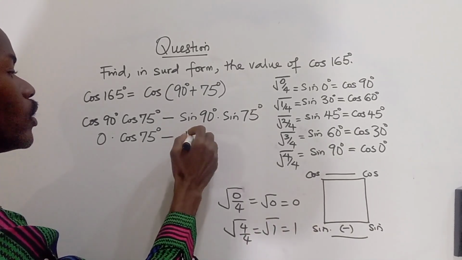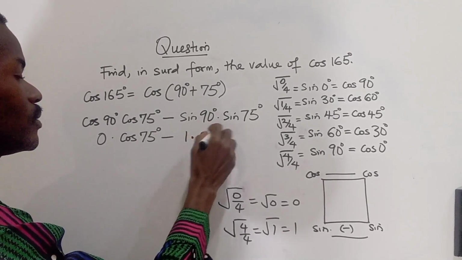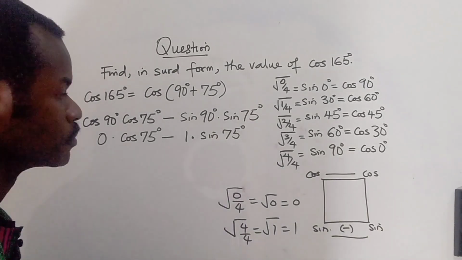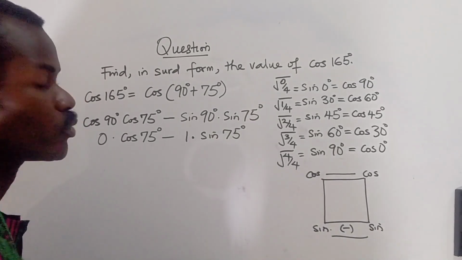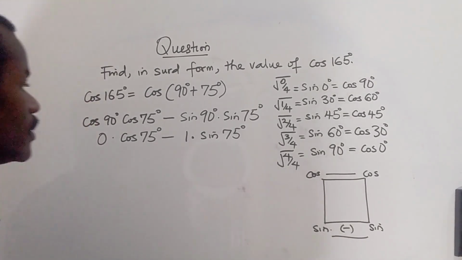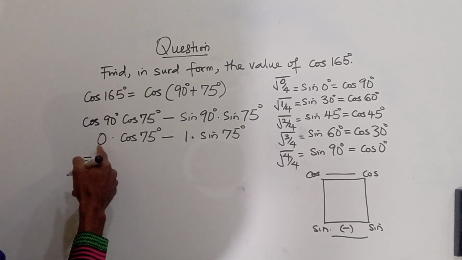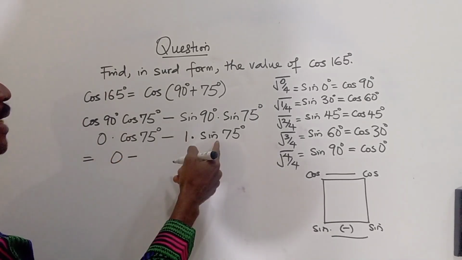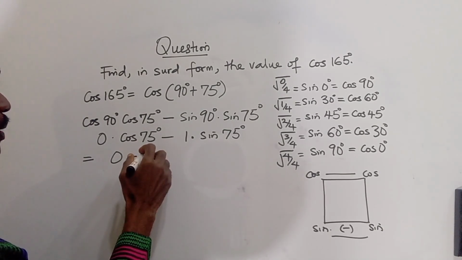So we have this as 1, multiplied by sine 75 degree. So let's see what that will quickly give us. We are going to have 0 times this is 0. So we have minus 1 times this, which is still what?